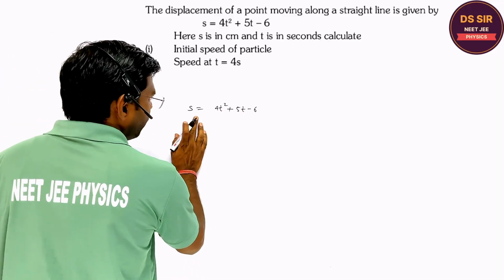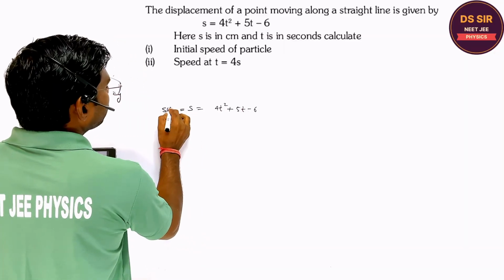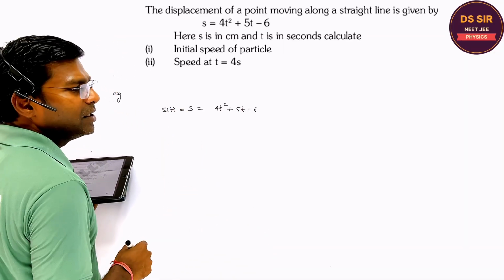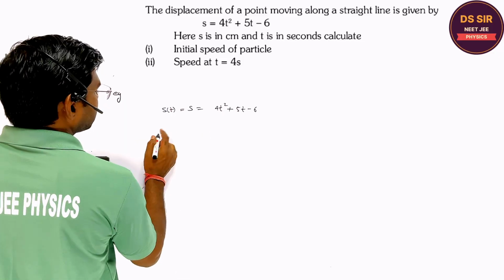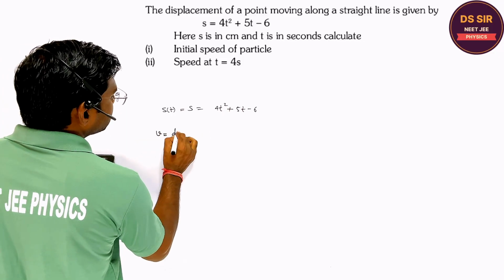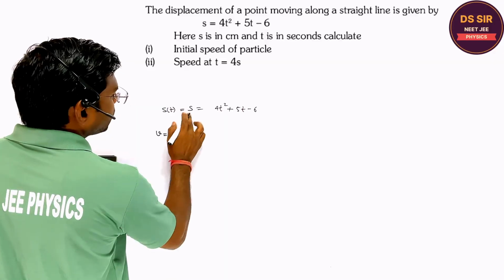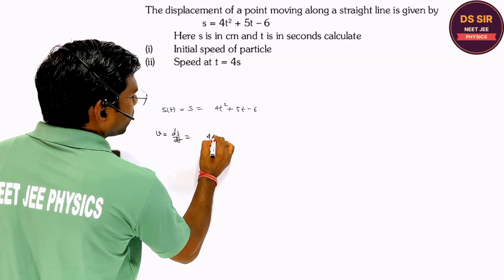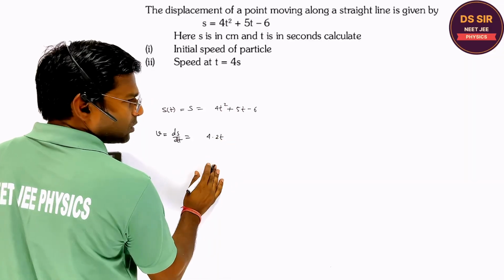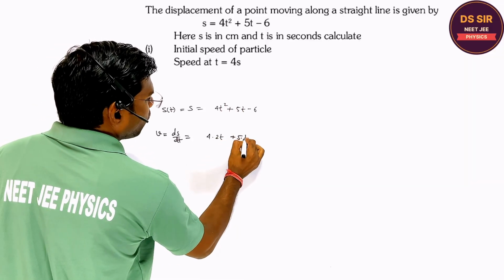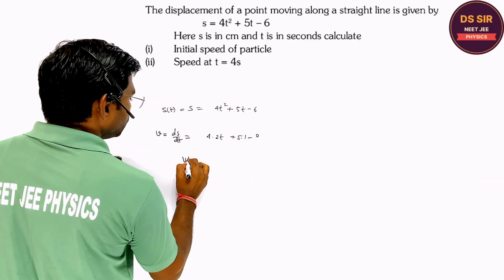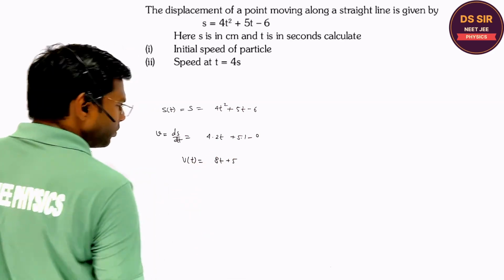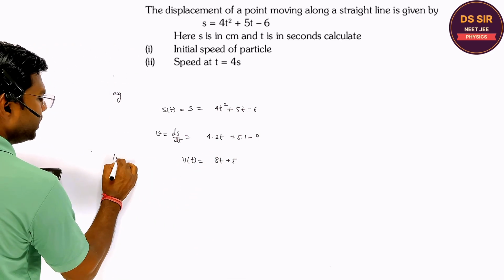Whenever s as a function of time t is given and you want to find the instantaneous speed or the instantaneous velocity, the instantaneous velocity is nothing but the differentiation of the position with respect to time. So ds upon dt: what is the differentiation of t square? You said 2t. This is 1, this is 0. So this is the velocity as a function of time t. You understand or not? This is the instantaneous velocity.